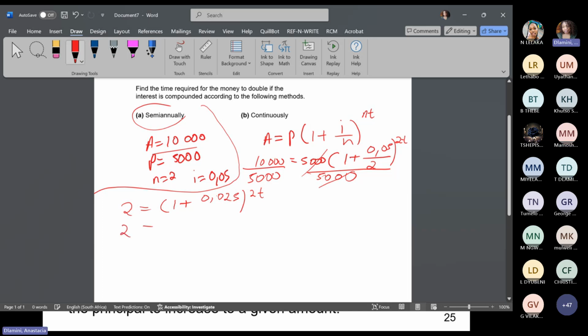So 2 equals what is 1 plus 0.025? 1.025 to the power of 2T. Now we introduce the log.